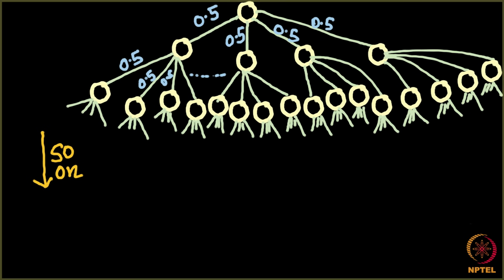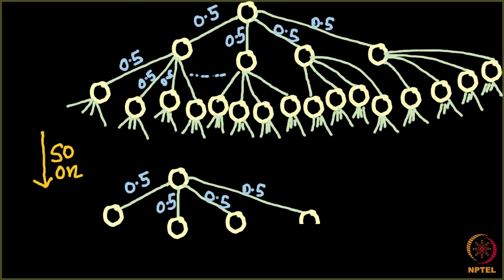What can we say from here? Let me just take the first level of this tree. So I redraw this network here. I take this node, which has 4 children, and it infects each of these children with a probability of 0.5. Now if this node is infected, I show it with a red circle.